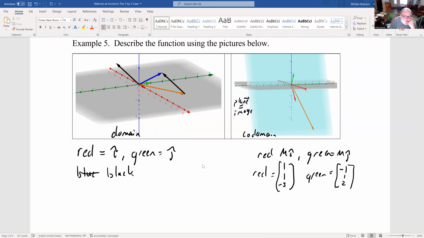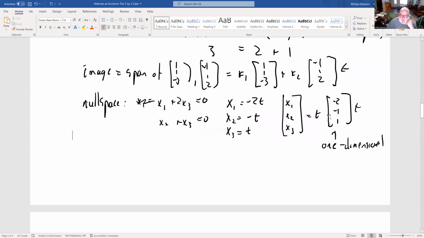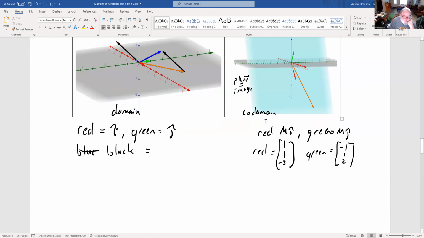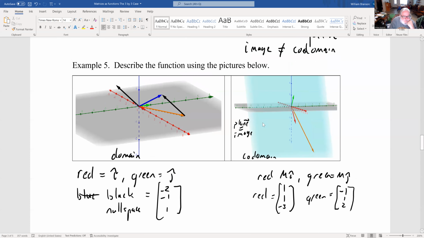Black here in the domain is the vector -2, -1, 1. So that's my null space. It's over here. So this black vector is the basis for the null space. So the null space is the line that runs through this black vector.